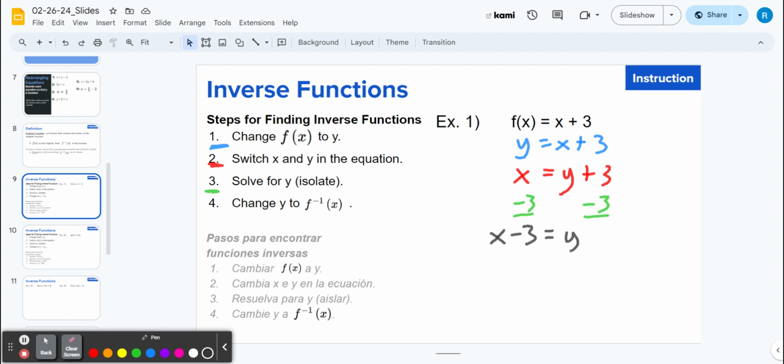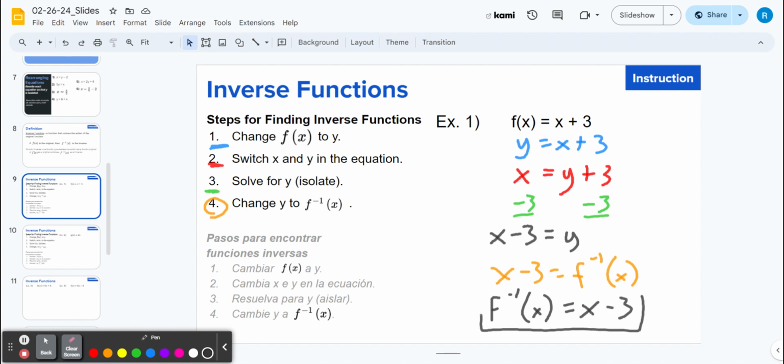So now that y is isolated, the last thing we're going to do is change our y to our inverse setup. So x minus 3 equals that inverse, f to the negative 1 of x. And normally what we want to do is write this in the other direction. You can do this in one step if you want to as well. Our inverse is equal to x minus 3.